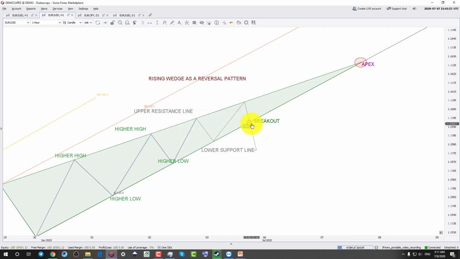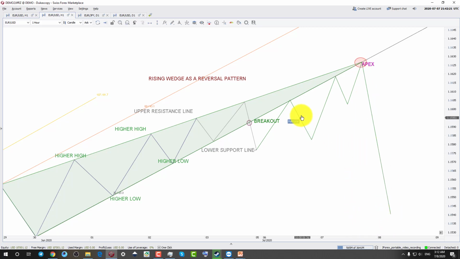Now after this breakout is confirmed, generally this breakout confirms after 3 candles on the time frame that you are trading. On the daily it will be 3 days outside this. After this, when the price goes to retest this broken support line as resistance, sometimes it keeps going like this, okay, and then eventually goes to the apex and then goes down.